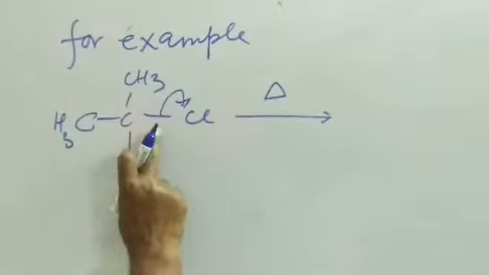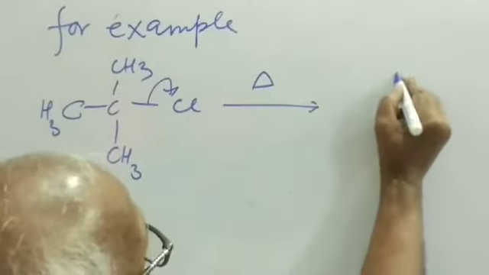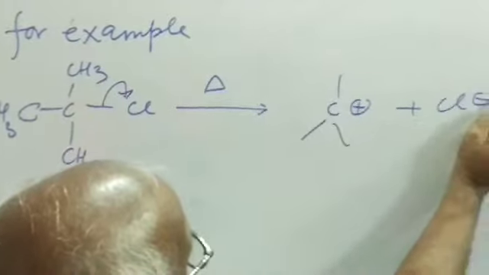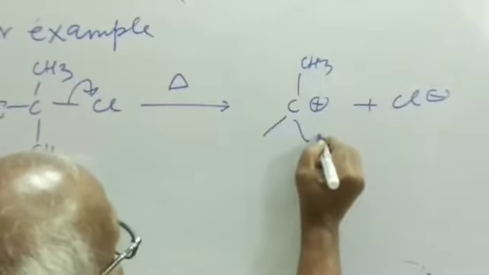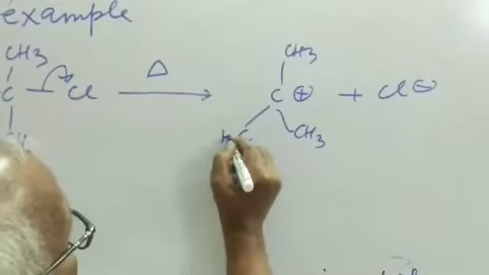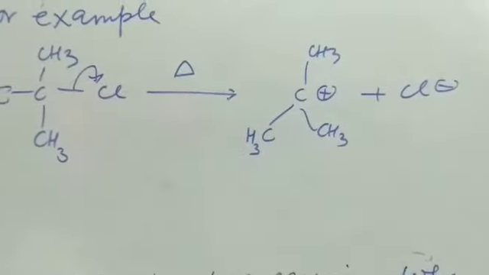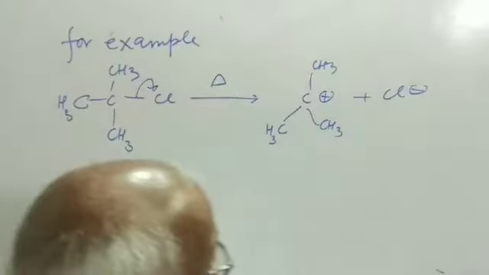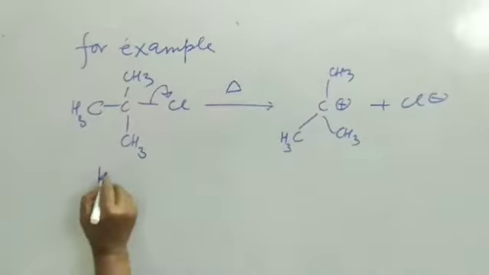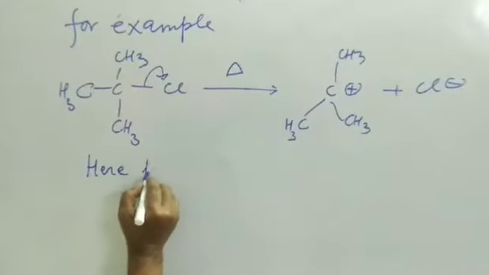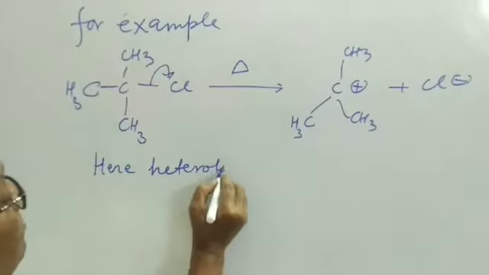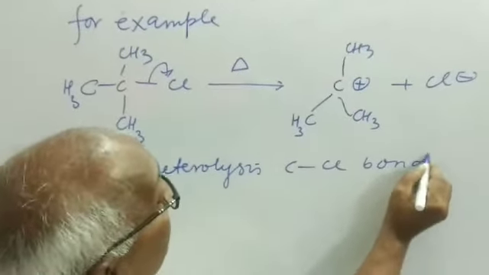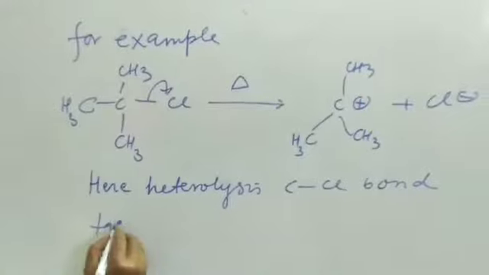Both shared electrons migrate to chlorine, generating two oppositely charged ions, CH3. So here heterolysis of the CCl bond takes place.